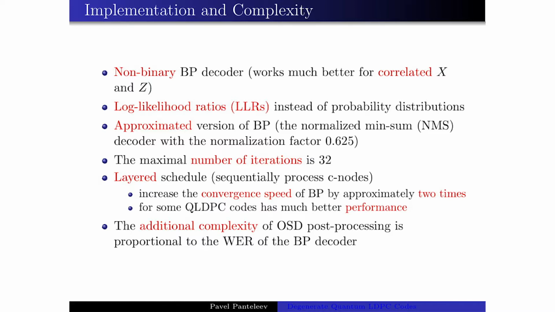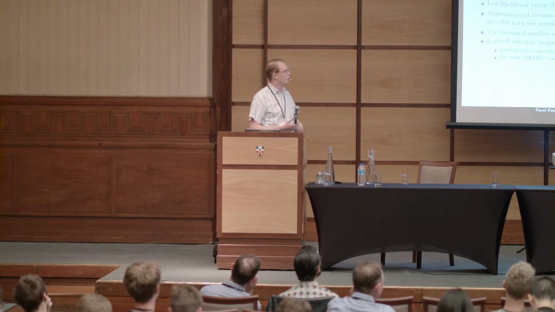It means that we process each check node not simultaneously, but one by one. This radically increases the convergence speed, approximately 2 times. And what is more important, for some QLDPC codes, we see that only BP with this layered schedule improves the performance by several orders of magnitude.